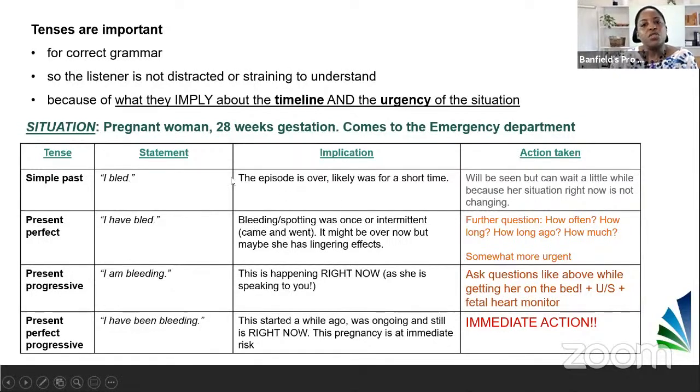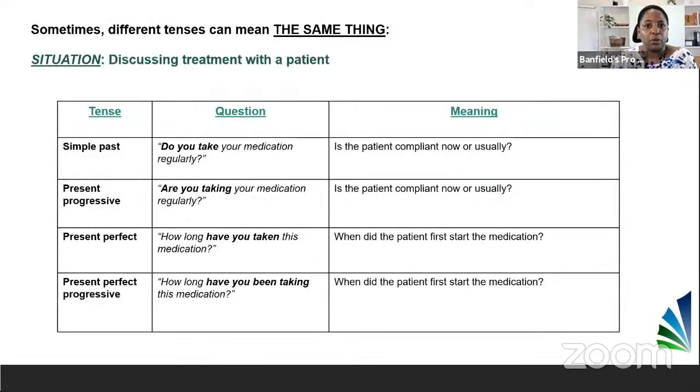So this is what I mean by tense forms also imply a lot, not just about timeline, but how urgent the situation is. However, it is not always the case that different tense forms mean different things. There are some times when it means the same thing. For example, in the simple past, do you take your medication regularly?